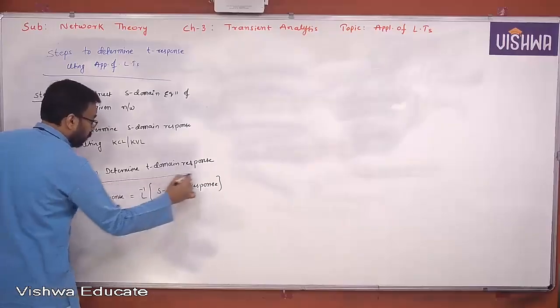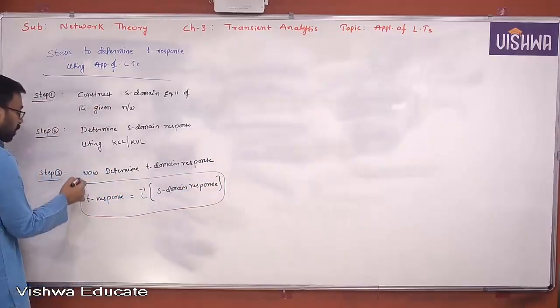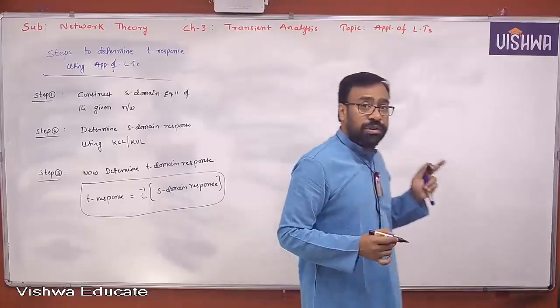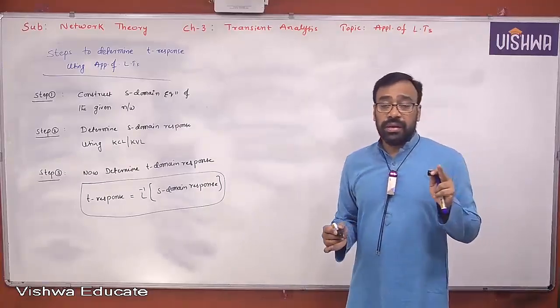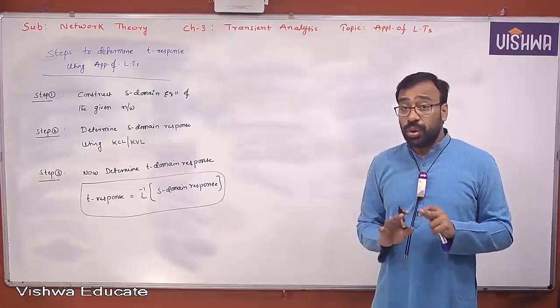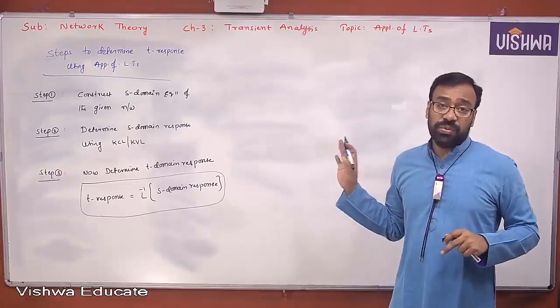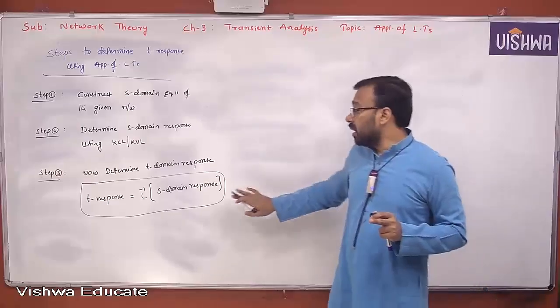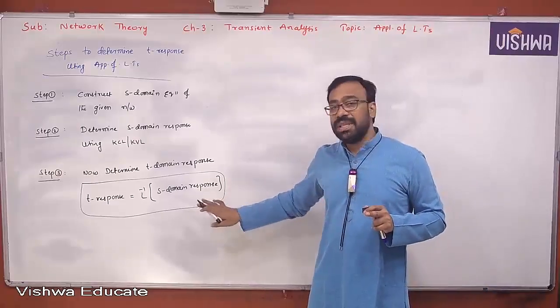So you are going to follow this step-by-step approach, and you prefer it only for higher order circuits. Since I told you that you can apply this method to any circuit, don't attempt every circuit using this S-domain approach. Unnecessarily you will kill your valuable time, particularly in finding the inverse Laplace transformation, which takes a lot of time.